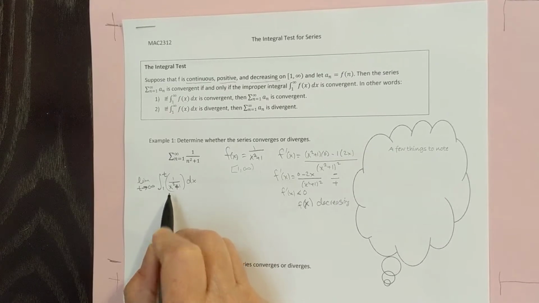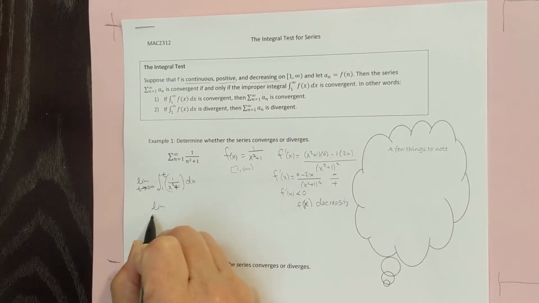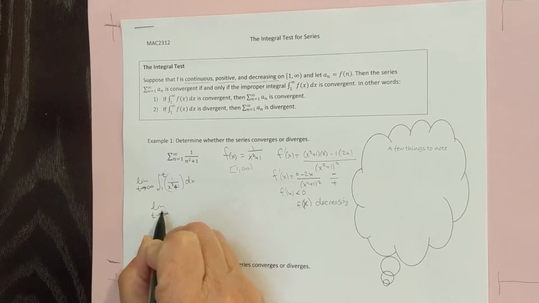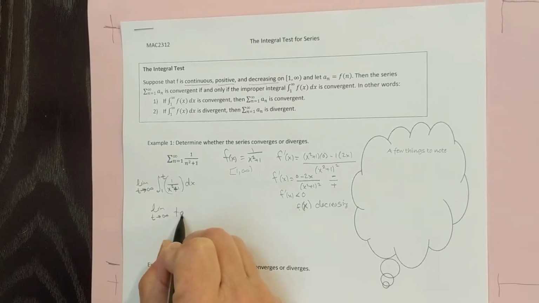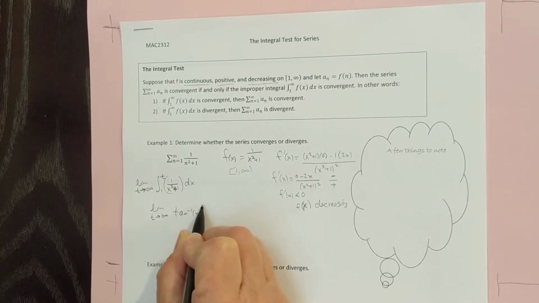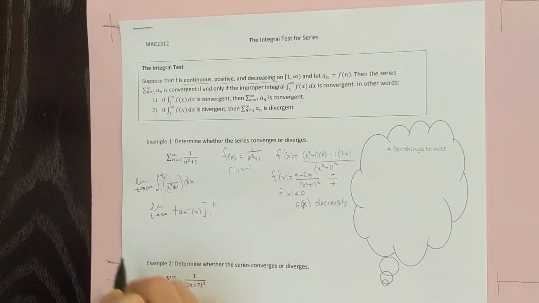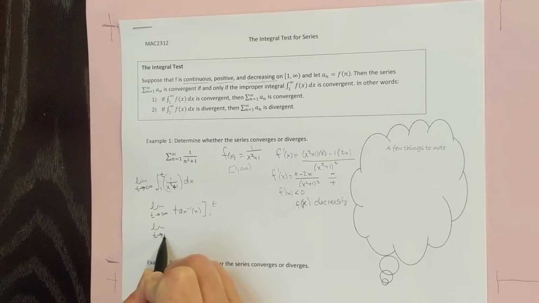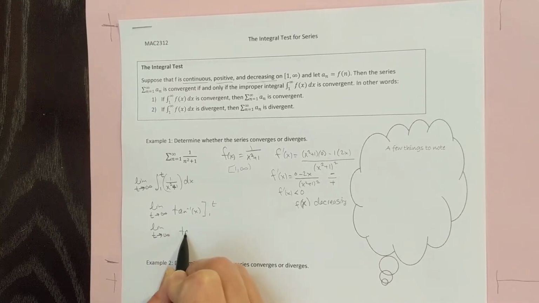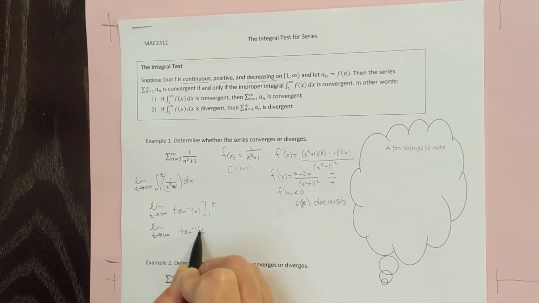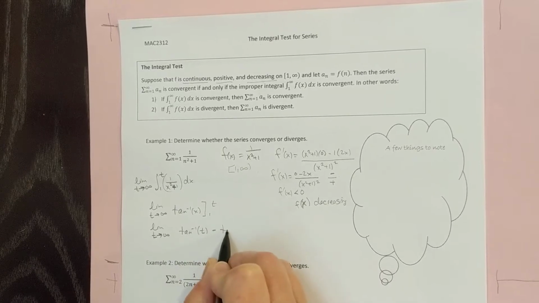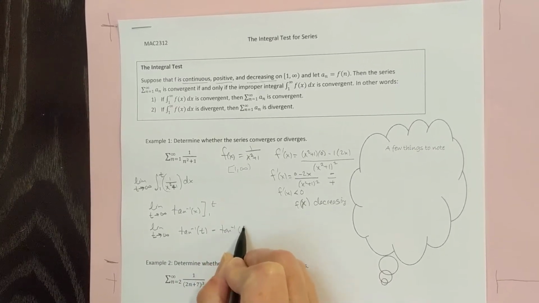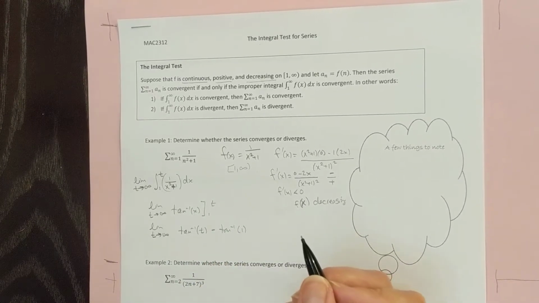This is tangent inverse. So this is the limit as t goes to infinity of the antiderivative, which is the tangent inverse of x, from 1 to t. All right, so this is the limit as t goes to infinity of the tangent inverse of t minus the tangent inverse of 1.